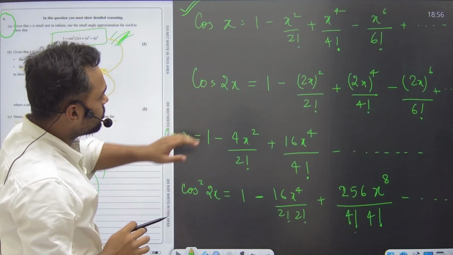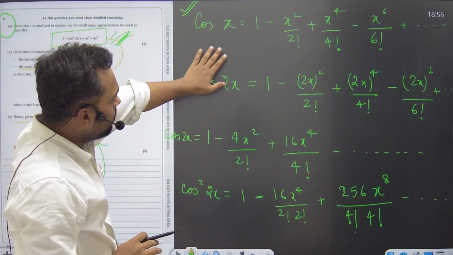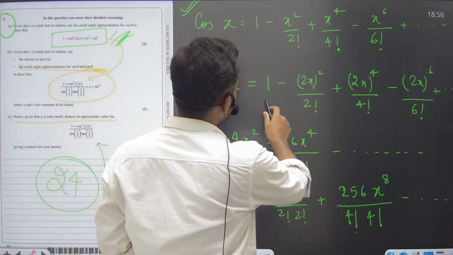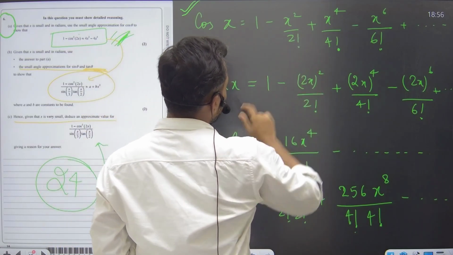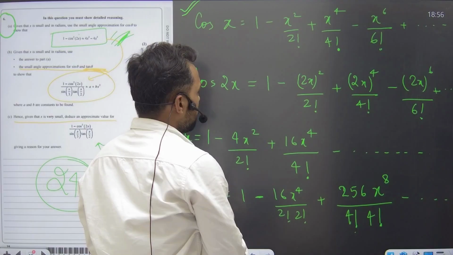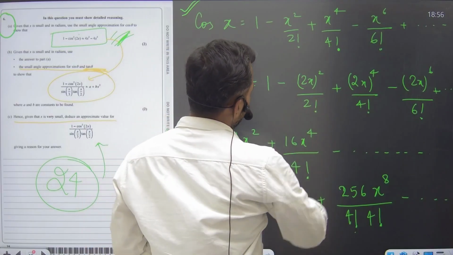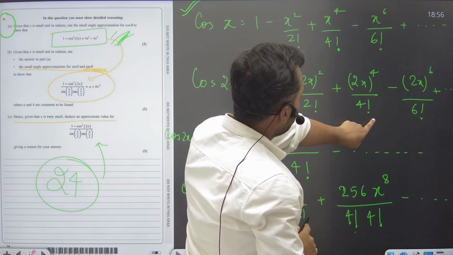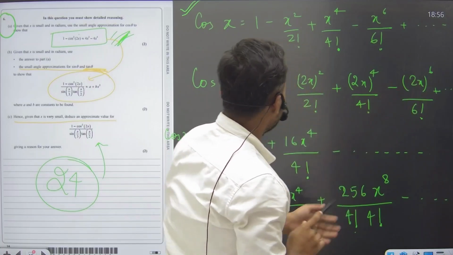Now for cos 2x, I have replaced the value of x with 2x here. So you can see that I have written 1 minus, in place of x I have plugged in the value of 2x. So it will be (2x) square, similarly (2x) power 4 upon 4 factorial. So this is how this series will go ahead.